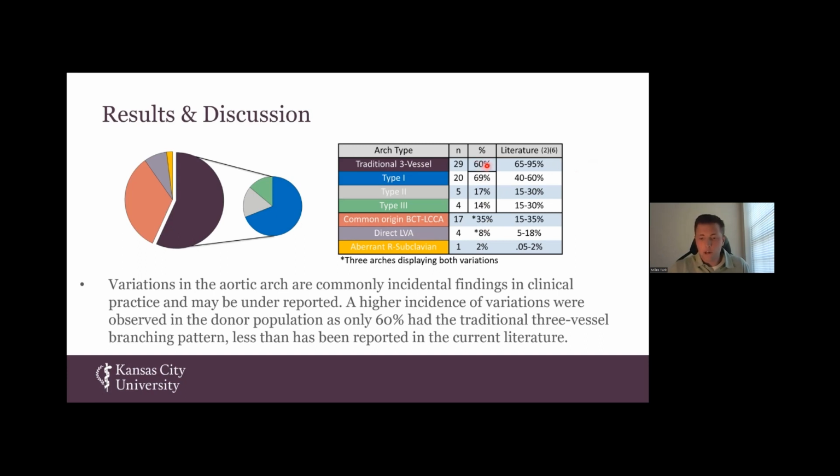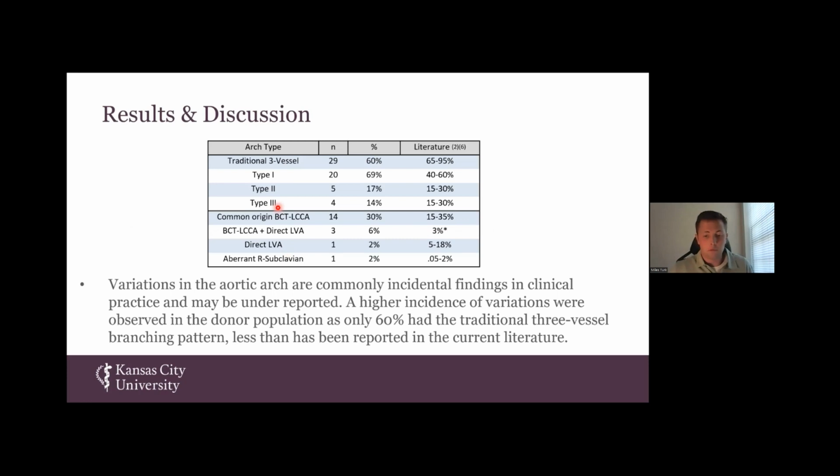And for anyone doing quick math, 60, 35, 8, and 2 does not add up to 100. And the reason for that is 3 of our donors contained both a common origin for the brachiocephalic trunk and a direct left vertebral artery.